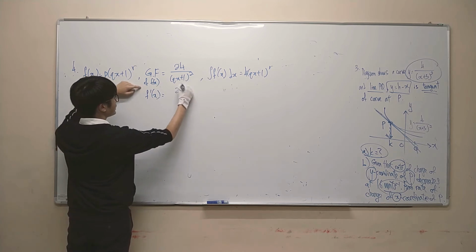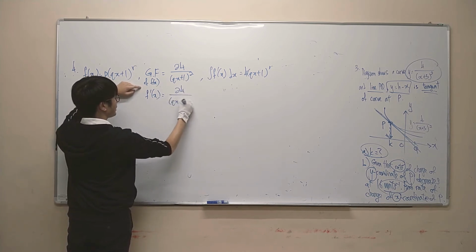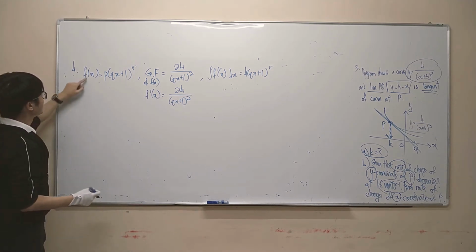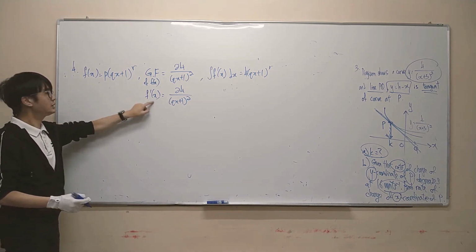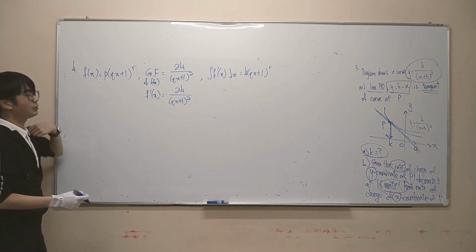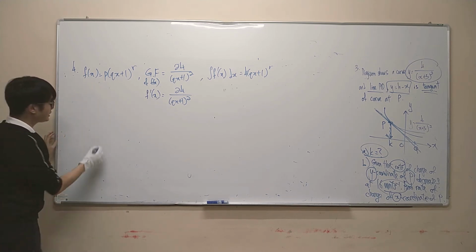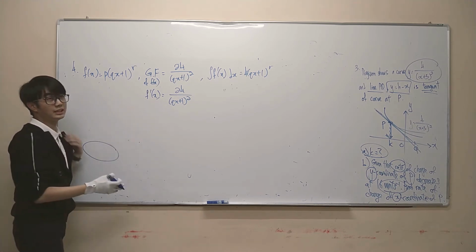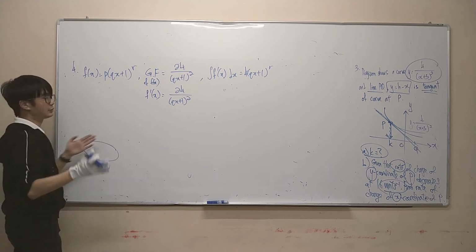F prime x is 24 over (qx plus 1) power 2. That's what it means. So what can I do? This is f(x), this is f prime x, but this one is the given answer from the question. So what I can do is find my own version of f prime x and then compare it with the one the question gave, and then we equate them.